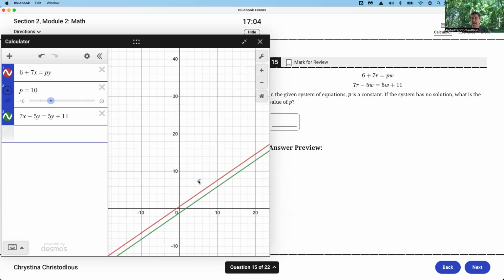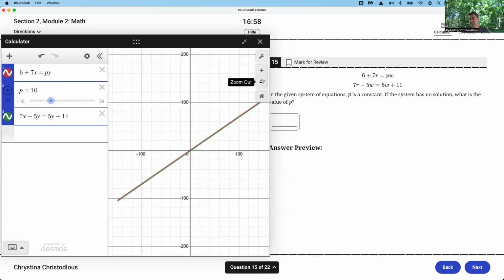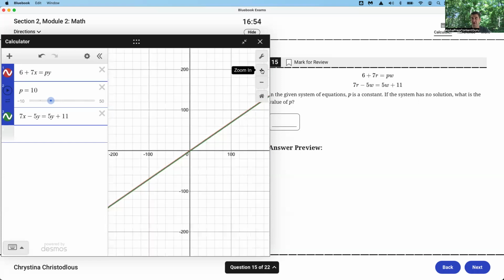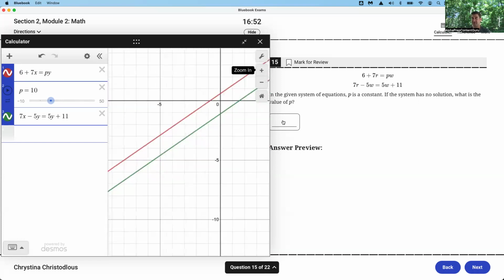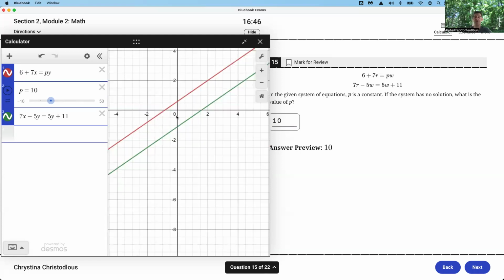Now, I could do a lot of things here. I could zoom out and keep watching it to see, does it look like they never cross each other? It really does. That's pretty cool. I went pretty far out. I'd feel safe putting 10 in here. If you ever were fully in question, you're like, I don't know, then what you could do is click on all the intercepts.